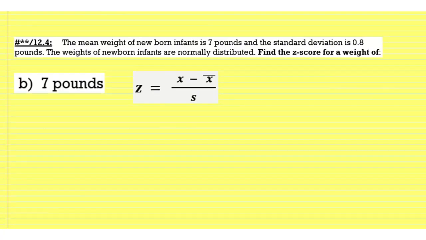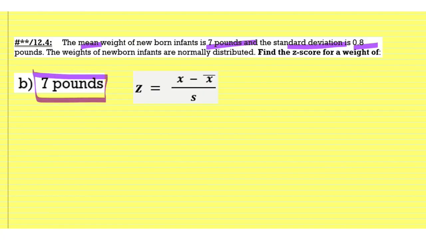Okay, the next problem is still talking about the newborn babies. It says that the mean weight is still 7 pounds, the standard deviation is still 0.8, and they want us to figure out the z-score for a 7-pound baby. So we're going to do the z-score for a 7-pound baby, and that's going to be equal to the data point minus the mean.